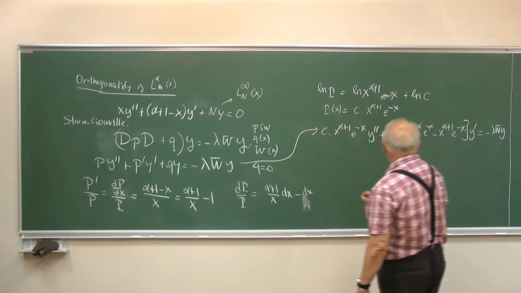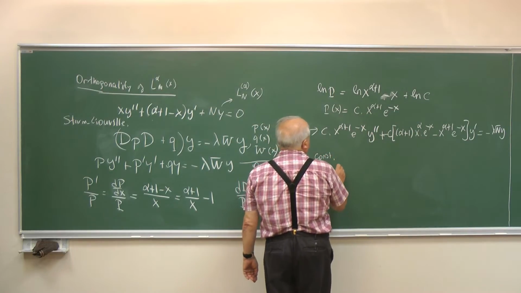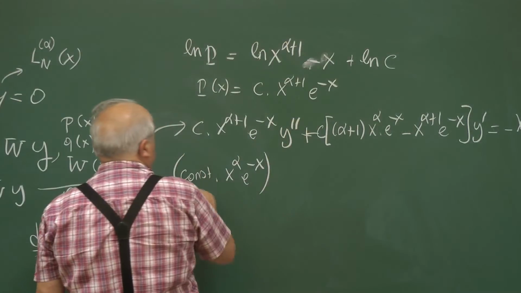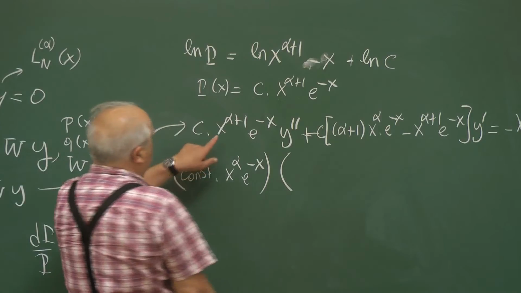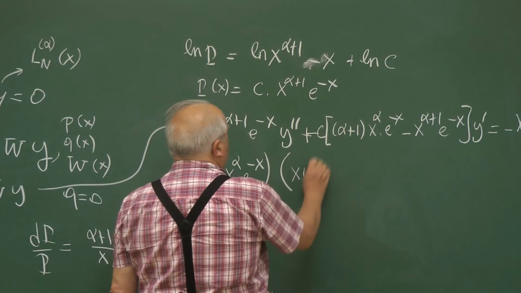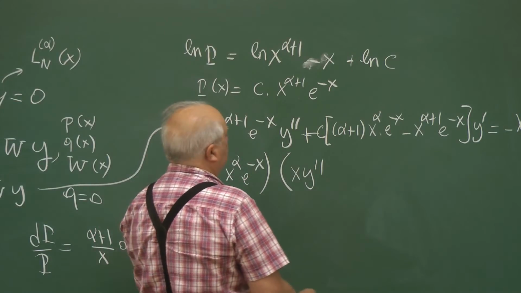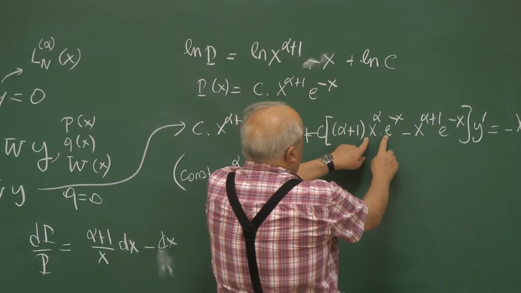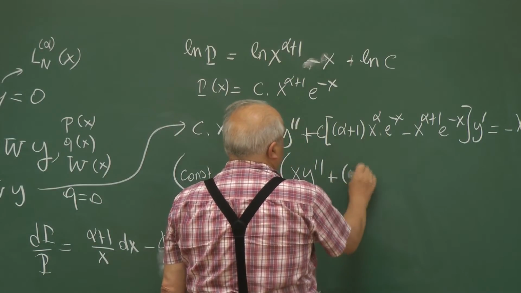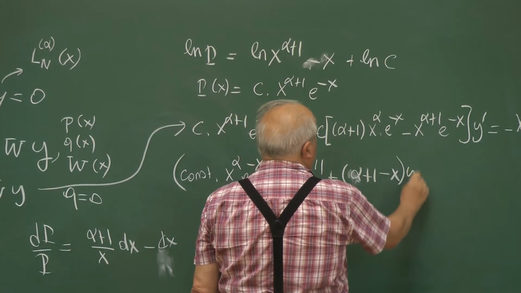I take this constant times x to the alpha e to the minus x out in parentheses. This gives me x alpha is out, so x is left, x y double prime plus alpha plus 1 minus x y prime.